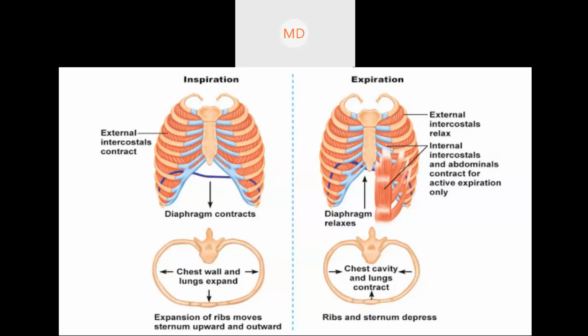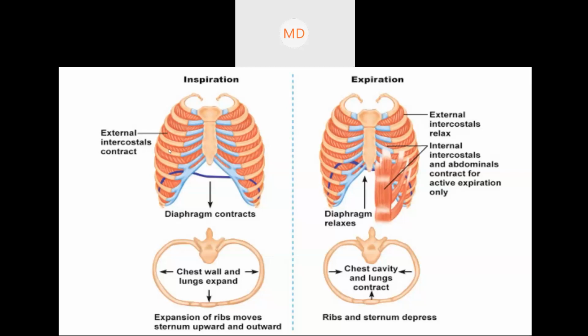Okay, so when these contract, the others relax. When one part contracts, the other part relaxes, and then only the thoracic cavity volume will be increased. When the external intercostal muscles relax, these will contract, and then only this volume will become small. But the most important are the external intercostal muscles. There is less function of the internal intercostal muscles.